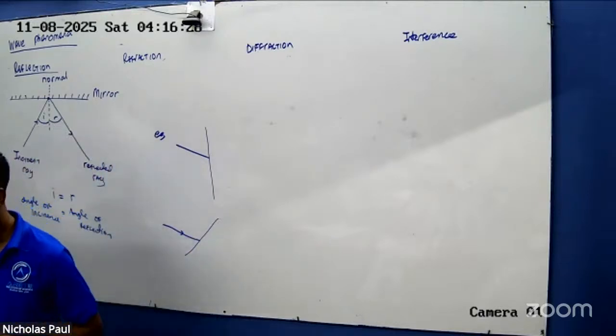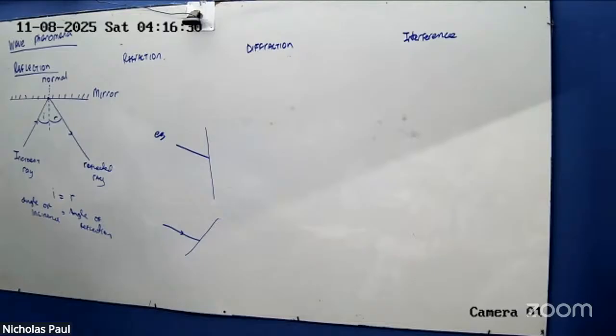The normal is an imaginary line at the point of incidence and 90 degrees to the surface.